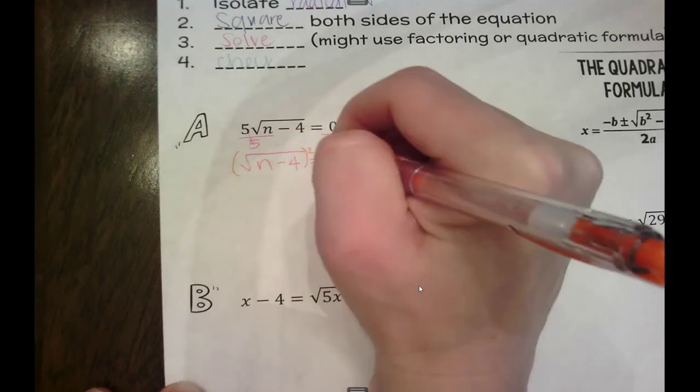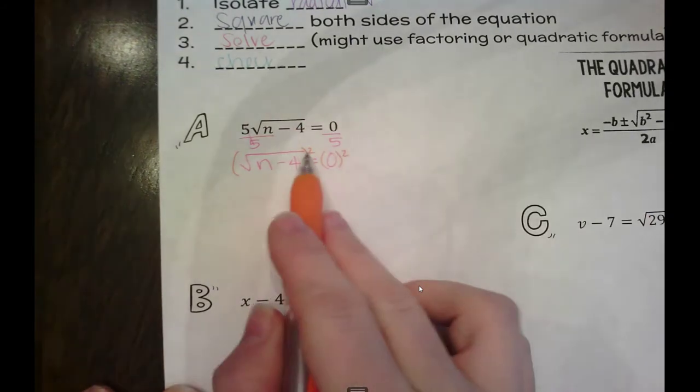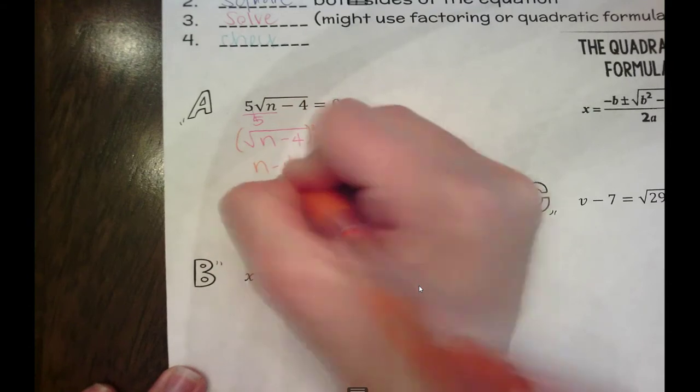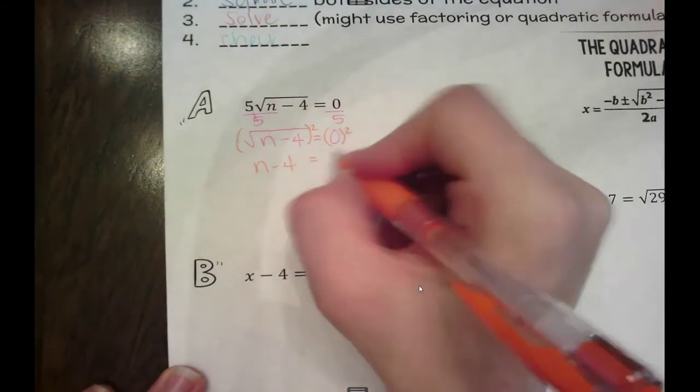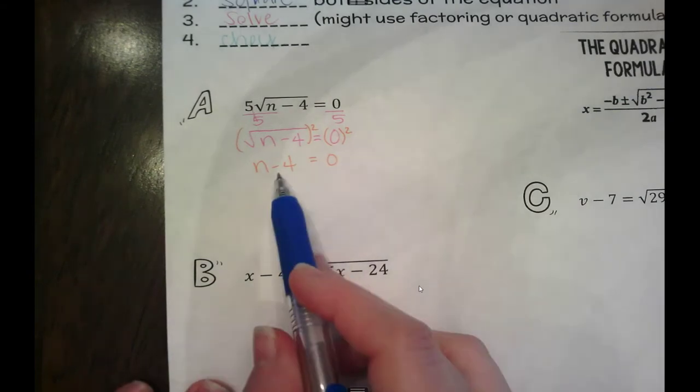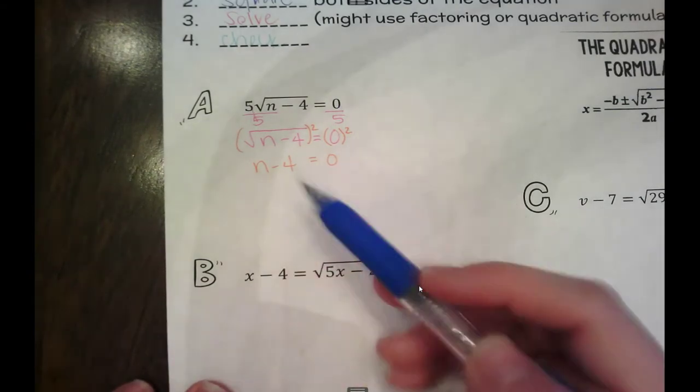Now we're going to move on to the second step, square both sides, because that's what's going to get rid of this radical. So what's going to be left is just what was underneath, and 0 squared. 0 times 0 is just 0. Okay, now we're just isolating the variable. That's how we're solving this one.